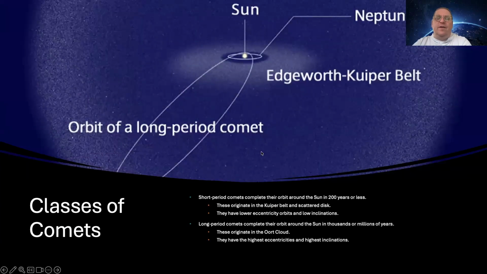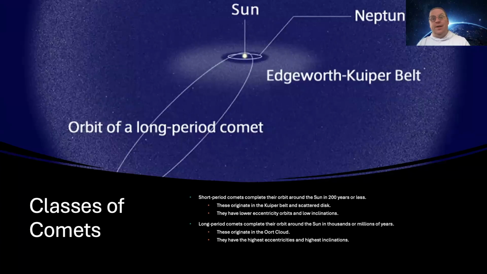Comets are classified in two rough ways: short period comets and long period comets. And the demarcation between the two of them is pretty arbitrary, basically a century. Short period comets are called that because there's a possibility that you could actually see one twice within your own lifetime.